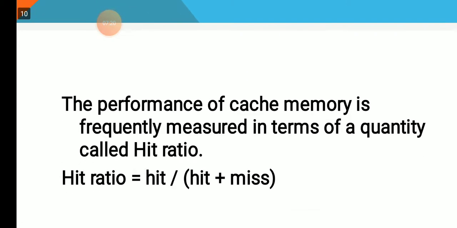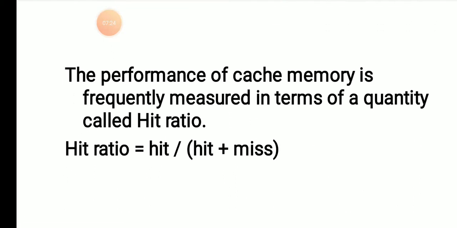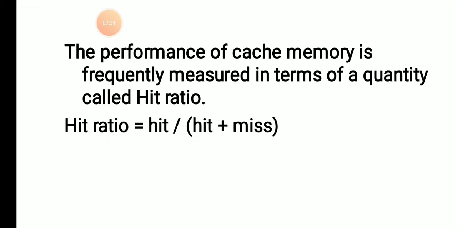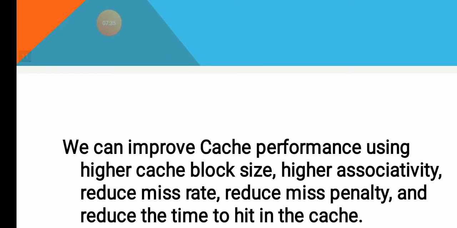The performance of the cache memory is frequently measured in terms of a quantity called hit ratio. Hit ratio is equal to hit divided by hit plus miss. Next, how do we improve cache performance?